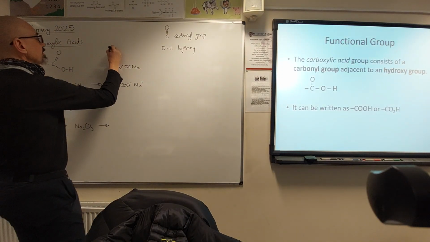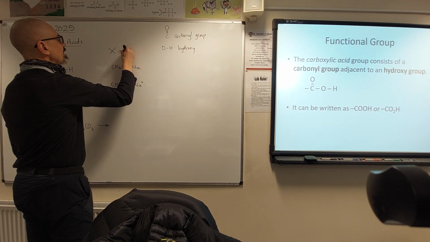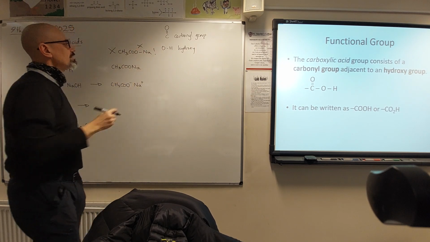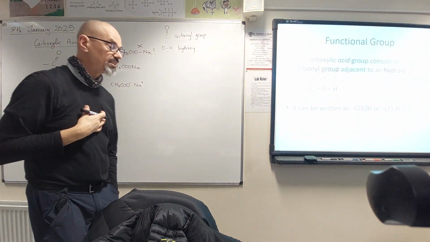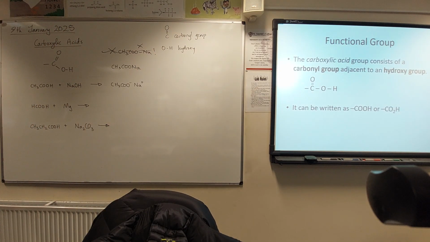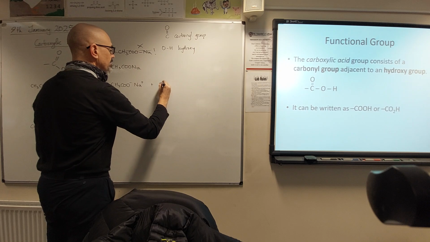But what we can't do is show any kind of covalent bond between the oxygen and the Na. Okay, don't do that. Of course, the other product here is water.